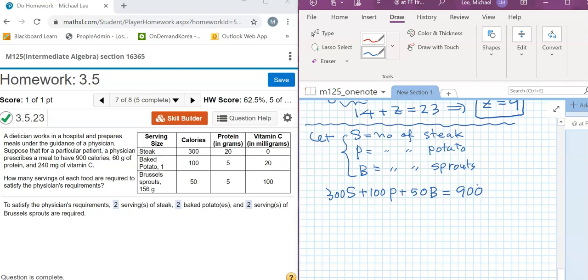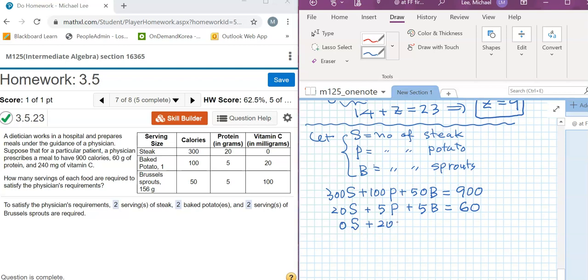And how about protein? Steak has 20 protein per serving, plus 5P, plus 5B for Brussels sprouts, has to satisfy 60 grams of protein. And the last one is vitamin C. Steak has 0 vitamin C. Oh my God, I didn't know that.